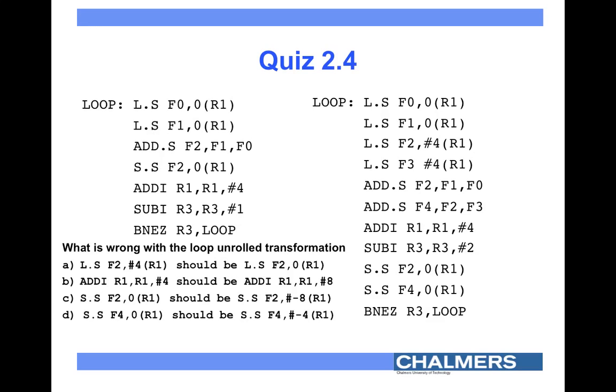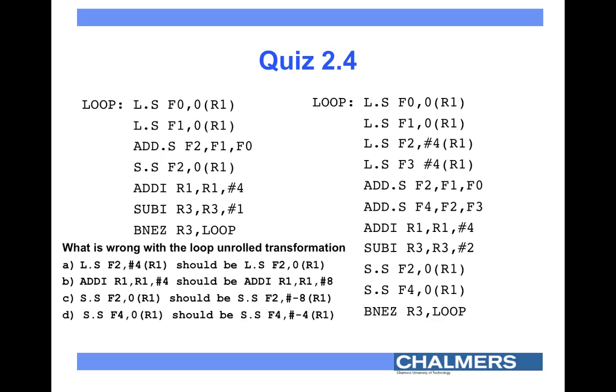There are some errors that I want you to identify. Before I go through the solutions, I would like you to stop the movie and think about it, and then I will present the correct answers. Okay, I will now present the correct answers.